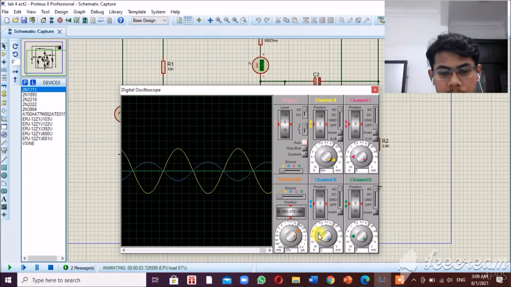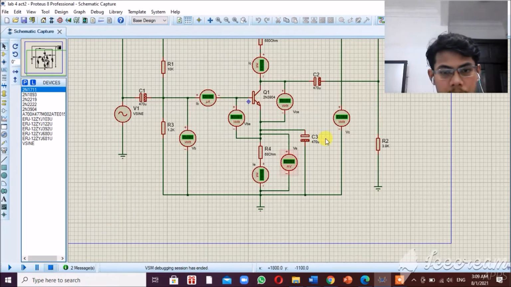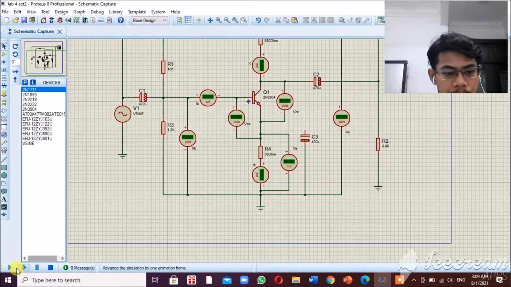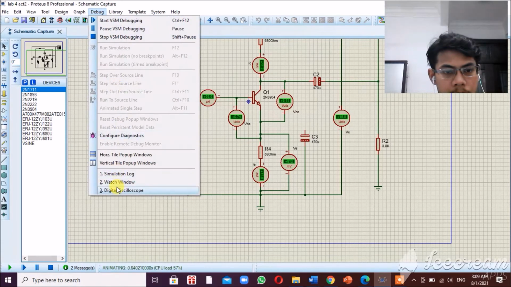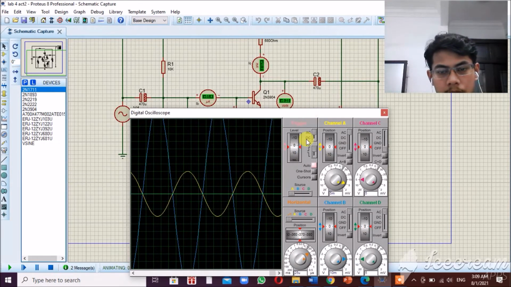If you use like 10 millivolt, you can see it's very high with the capacitor. But without the capacitor, you can see that 10 millivolt is not very high like the previous one.